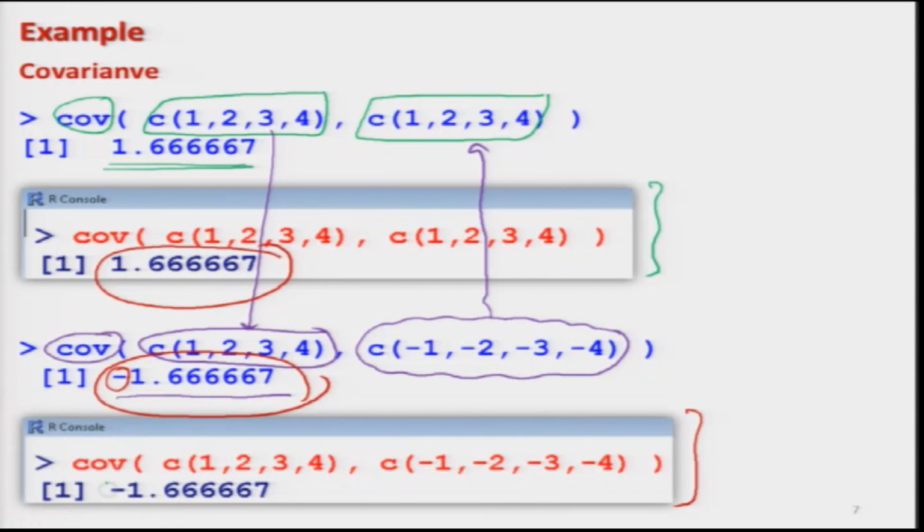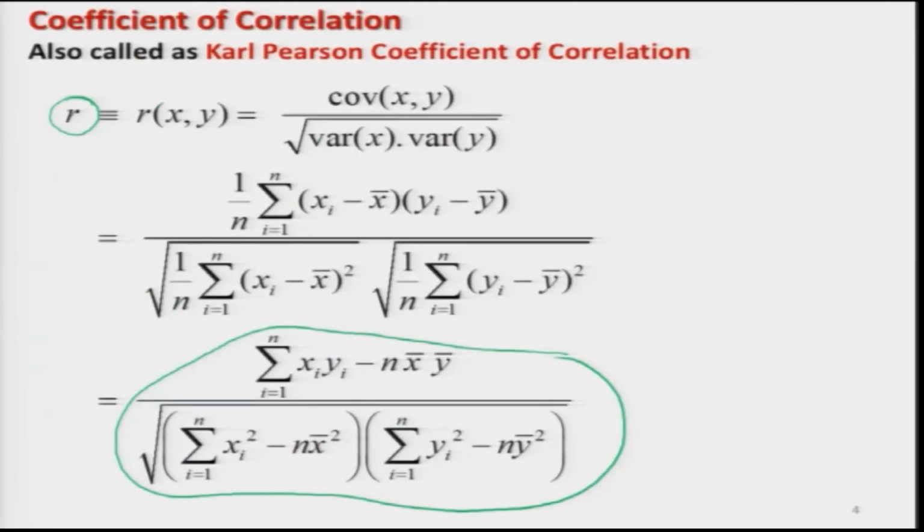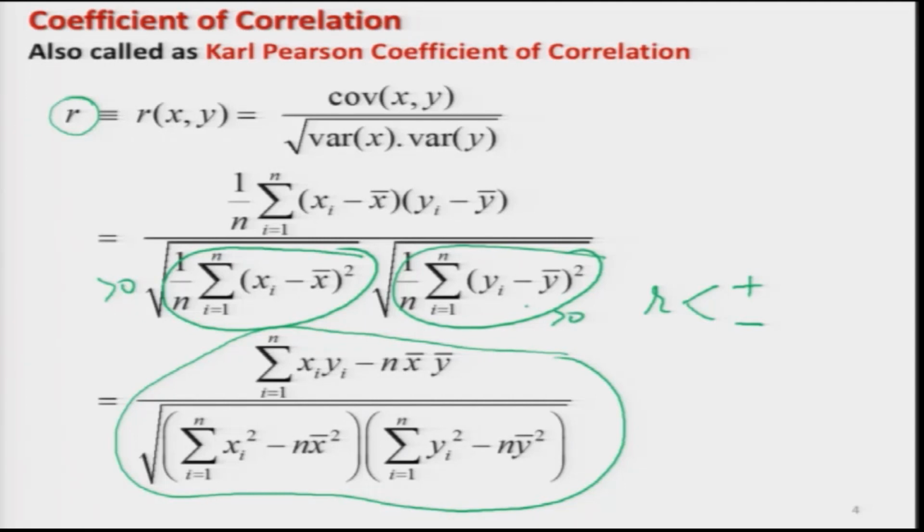What is the meaning of this? Now, if you look at this slide of the definition of the correlation coefficient, we had understood that R can take a positive value and R can take a negative value. But if you look at the denominator, this value will always be greater than 0, and this value will always be greater than 0. So, the only value which can vary is the covariance between x and y.